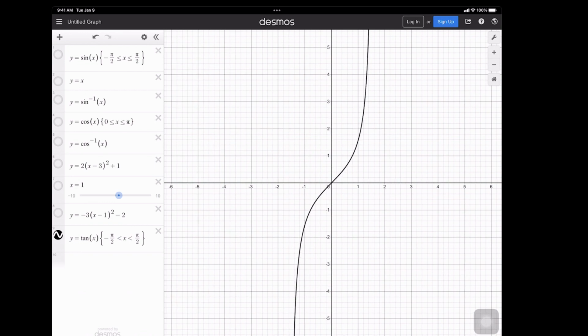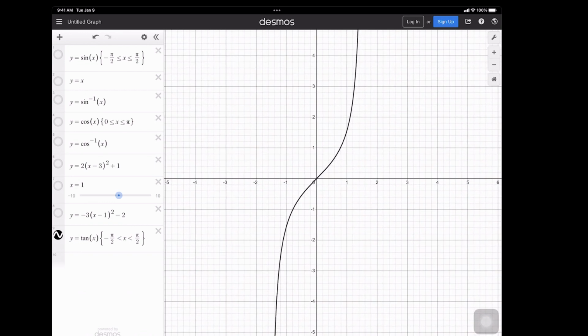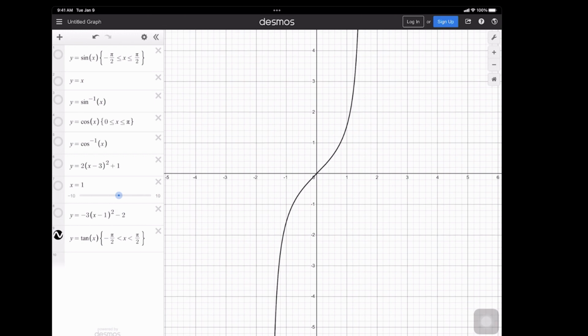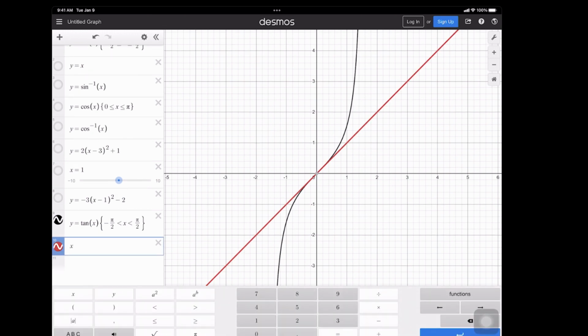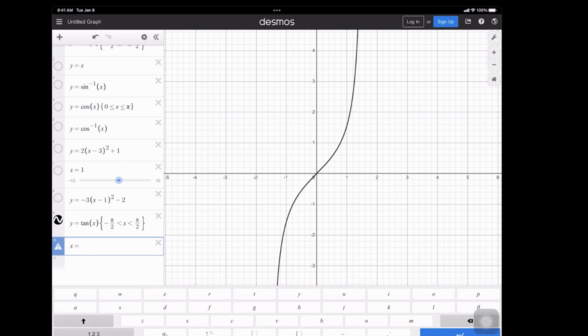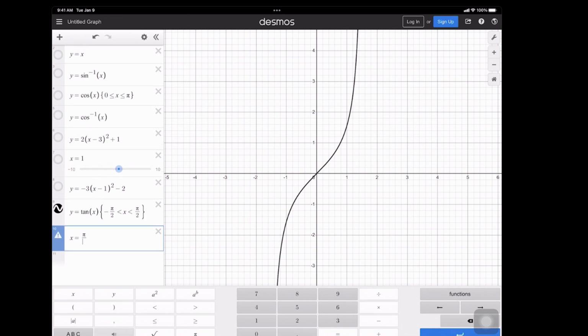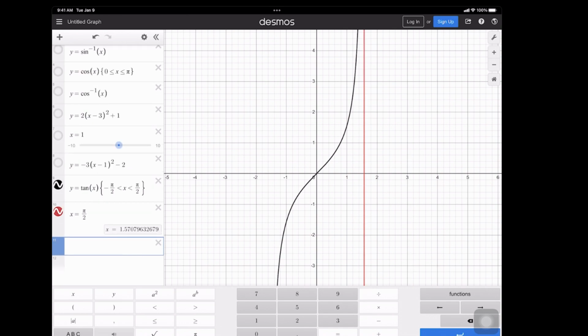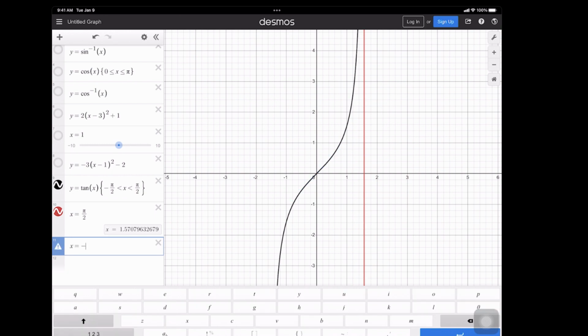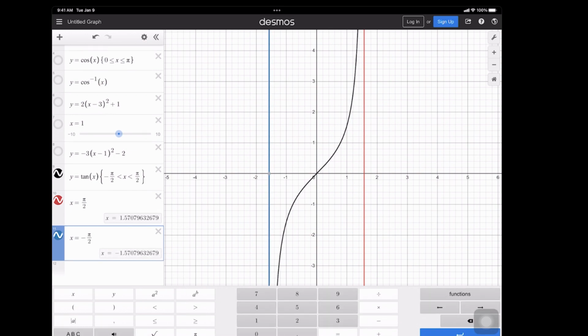You guys see this here? I'm going to do this. X equals pi divided by 2. X equals negative pi divided by 2. Okay?